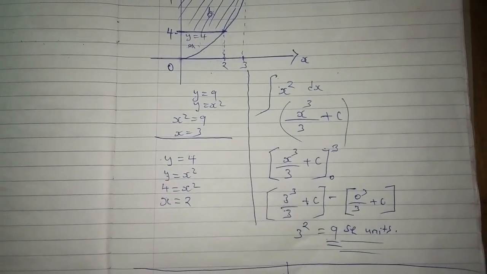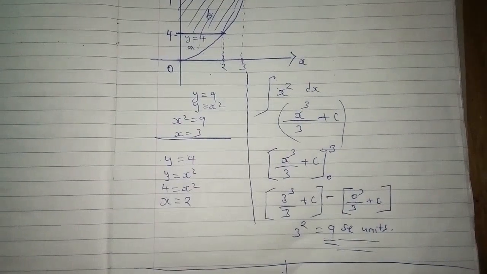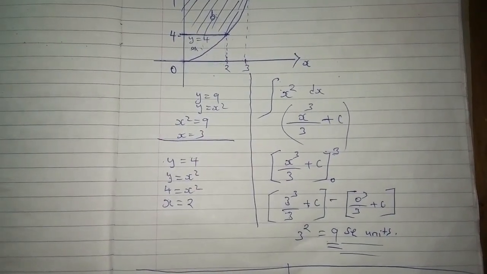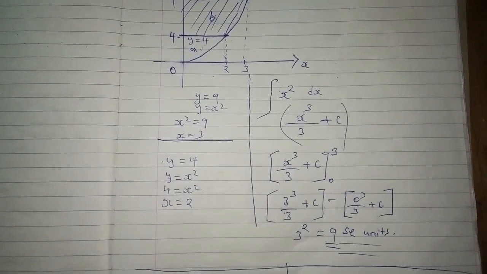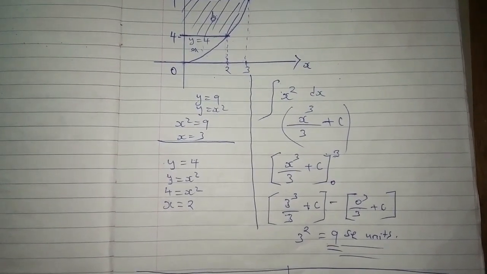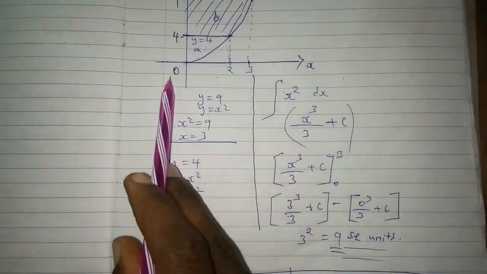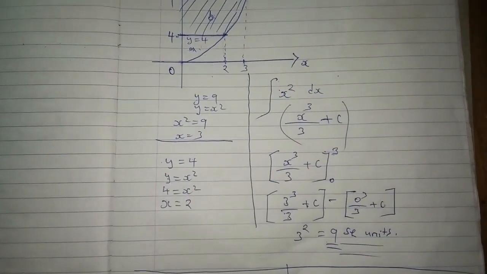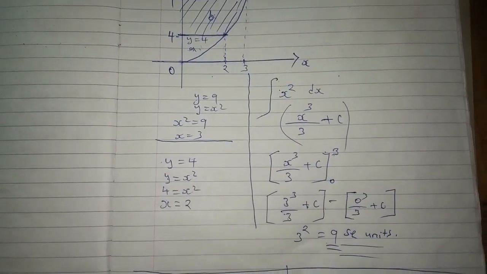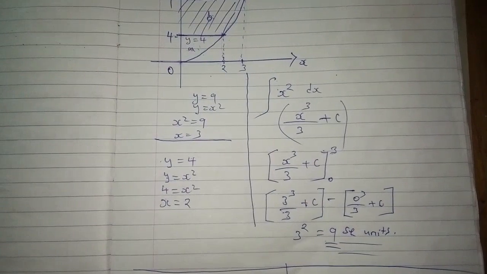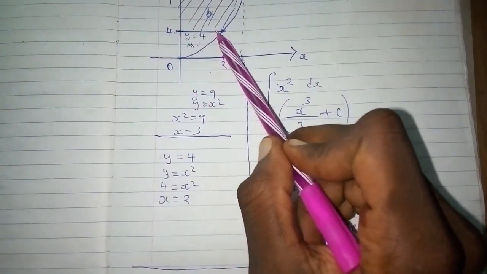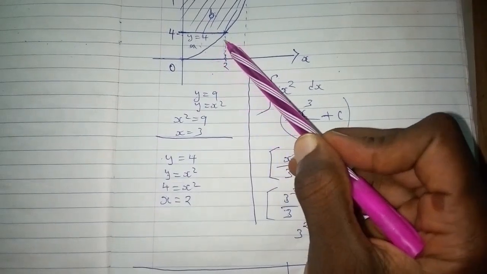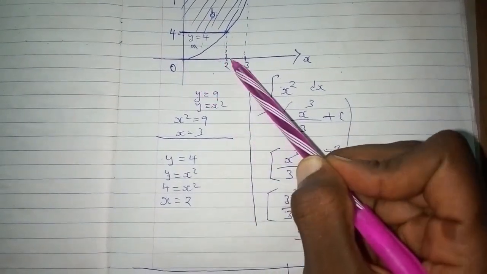If we integrate that, we are going to have x cubed over 3 plus c. This c is going to cancel out because we are starting from 0, so 0 to 2. Remember this is the area of region A. So for region A, we take the area of this rectangle minus the area under the curve from 0 to 2.